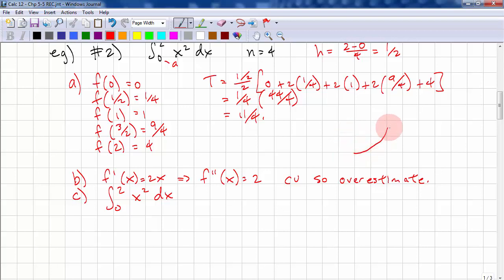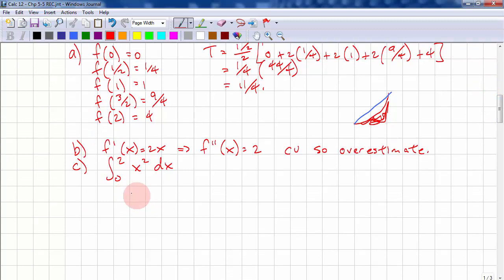So x squared looks something like that. If we have a trapezoid, we can see that this is concave up, and it's calculating an area like this. And our trapezoid is bigger than this area under the curve. So it's an overestimate. Let's verify this with a definite integral in part C.